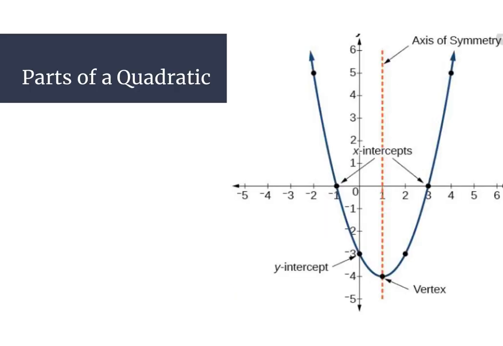So visually looking at the parts of the quadratic, we have this parabola, which is the U-shaped graph that you see, which is nonlinear, meaning it's not a straight line. And then we have two x-intercepts because the graph is actually passing through the x-axis at two specific points. These x-intercepts are also known as zeros. So when we were factoring quadratics in our previous unit, we were talking about the zeros, which is when we find the value of x.